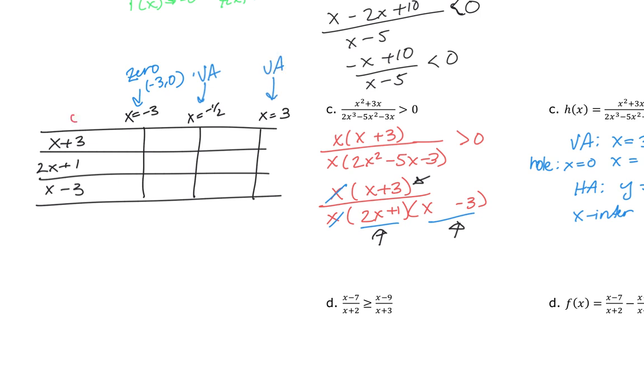The intervals is from negative infinity to negative 3, negative 3 to negative 1/2, negative 1/2 to 3, and 3 to infinity. Choosing something in this region, I'm going to choose negative 5. This is negative, negative, negative, negative below.